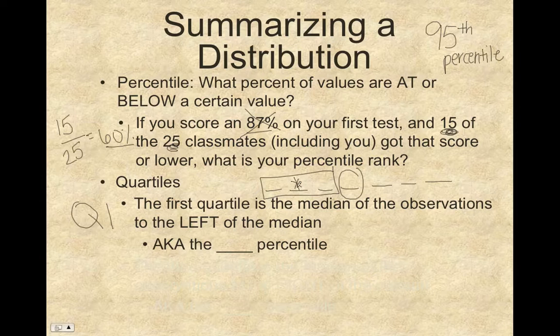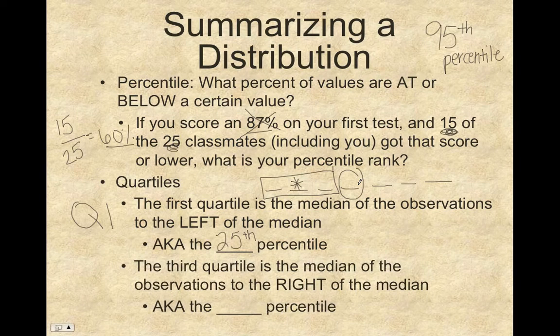So it would be this guy, assuming these numbers are written in order. That's going to be the 25th percentile. 25% of observations are there or lower, approximately. The third quartile, which is abbreviated Q3, is then the median of everything above the median. So that's going to be the median of the 3 observations above the median, which is going to be this guy. That one, what do you think? It is the 75th percentile.